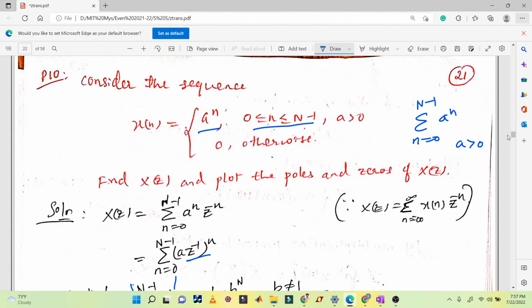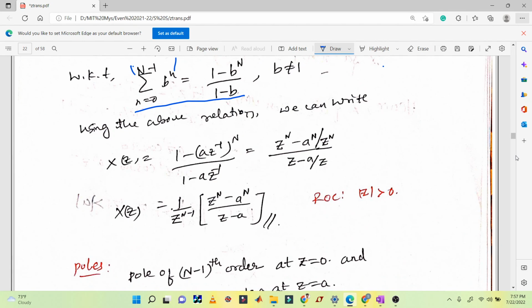This problem tomorrow I will solve, that is plotting the poles and zeros, but you need to complete the problem till here.